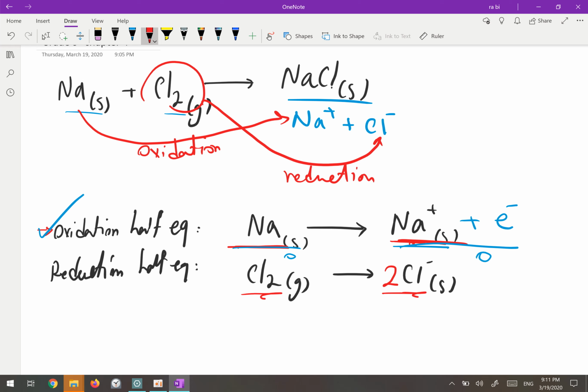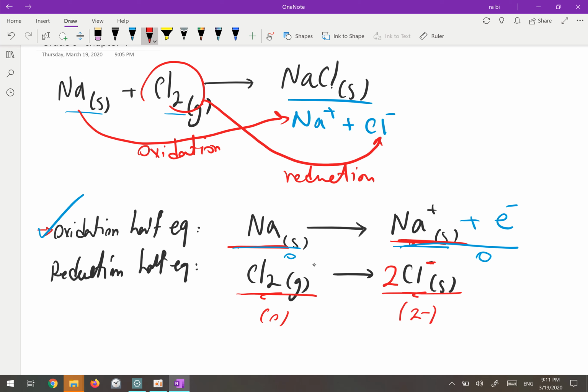Now we have to make their charge equal. What is the charge at the left side? The charge is 0, you don't have any charged species. What is the charge at the right side? You have 2 chloride, Cl-, each one of them has negative charge, so the charge at the right side is 2 minus.